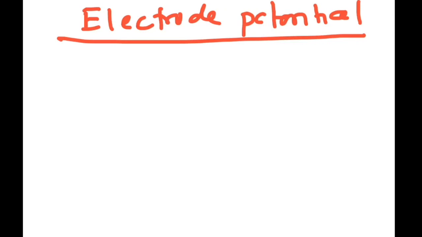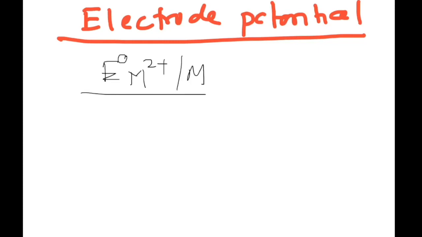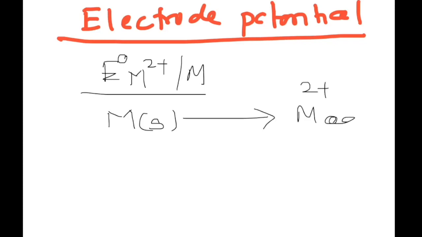Now, electrode potential. Electrode potential of a transition metal. We have to discuss the standard reduction potential of M2 plus to M. It means if a metal solid form is converted to M2 plus in aqueous form, it undergoes oxidation.